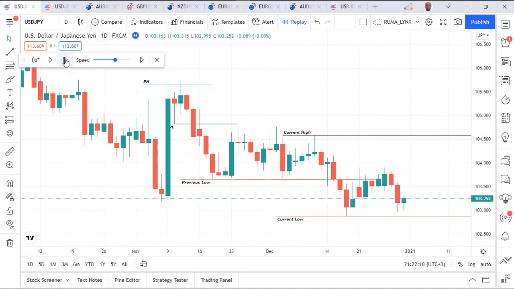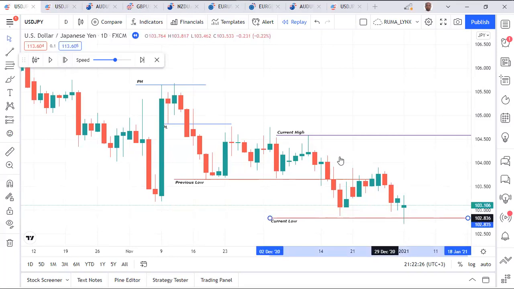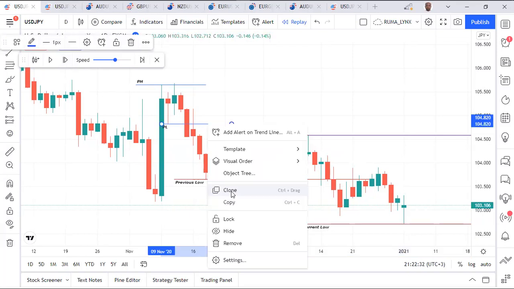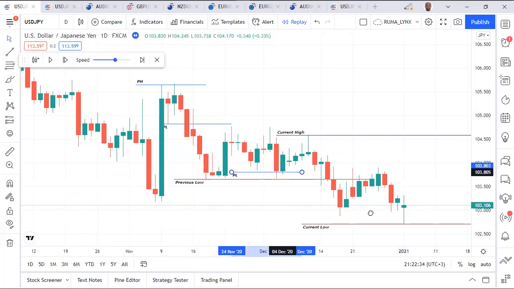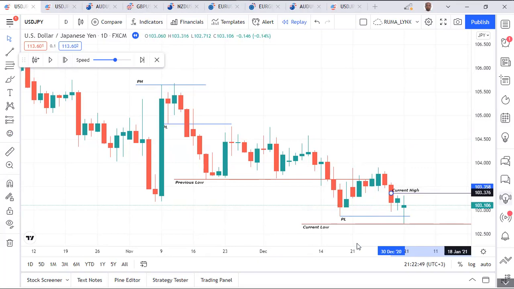So if I play one more time, you notice that we came down. So we have created a new impulse. So my new low moves right down here. And then I have the previous low, this particular one. And then right now, my new high is right here. So sometimes to confirm, there are some people still waiting.